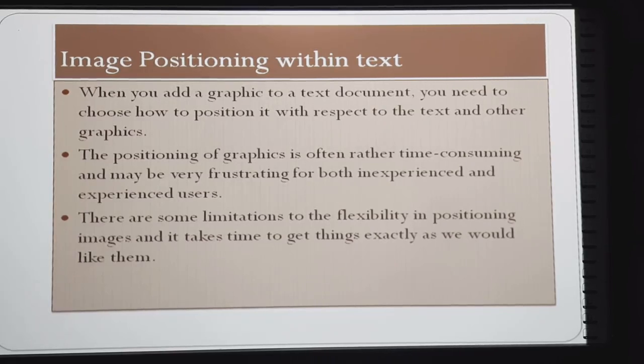Here graphic means all the things which we have discussed, that is images, smart art, clip art, drawing objects, all those things. So, with respect to the text, how to position them and other graphics, these things we should consider while we choose on our own when inserting a graphic to a text document.